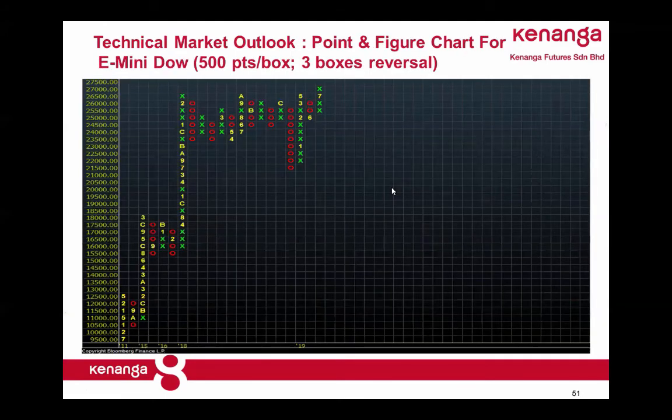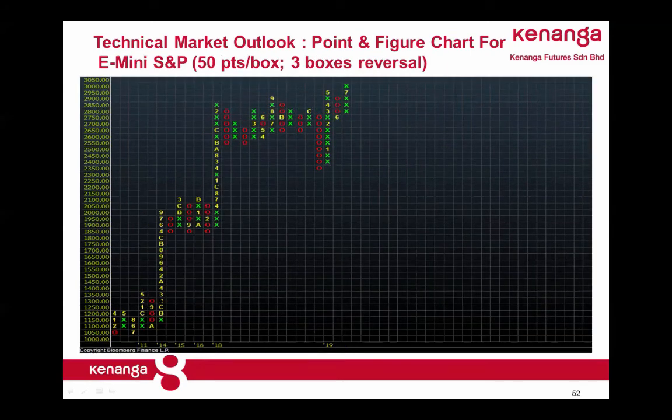Okay, this is the point and figure chart for E-mini Dow. I am only able to show the point and figure chart in the E-mini contract because micro E-mini data is rather limited, so I use this as a cross-reference. It's still bullish, with higher highs recorded and a break of the previous high.